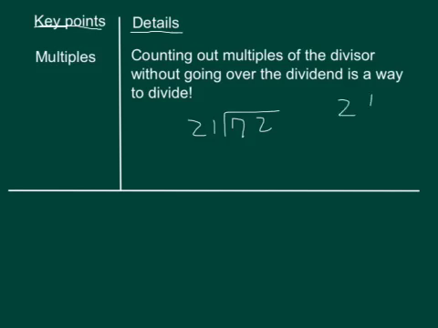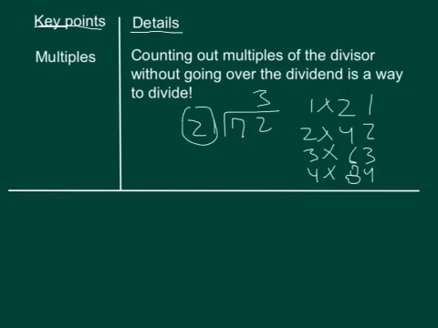We said 21, 42, 63, that's times 1, 2, and 3. That's one group, two groups, and three groups. And we didn't go over. If we would have gone over, 4 groups of 21 would have been 84, and that would have been too many. So that's one way to find out how many groups of the divisor will fit into the dividend. But let's go on to the next problem now, once you have this all copied down.